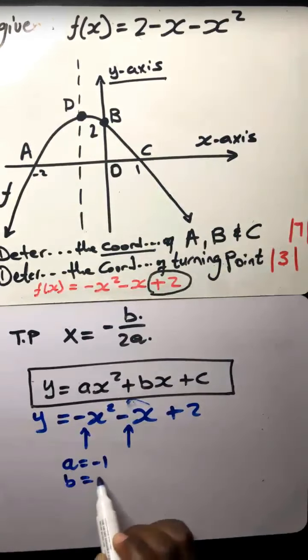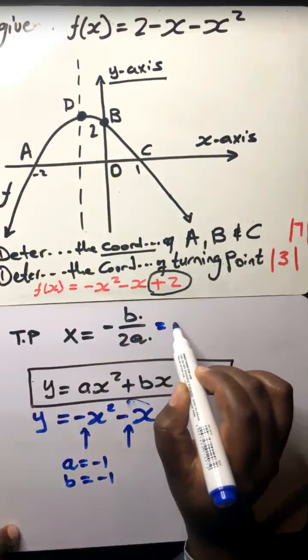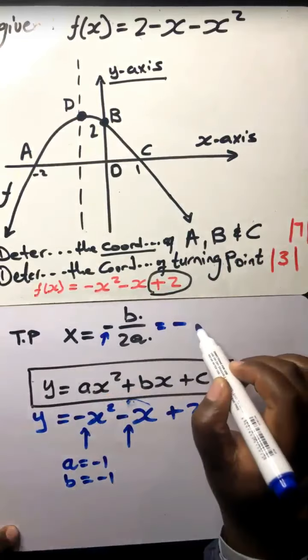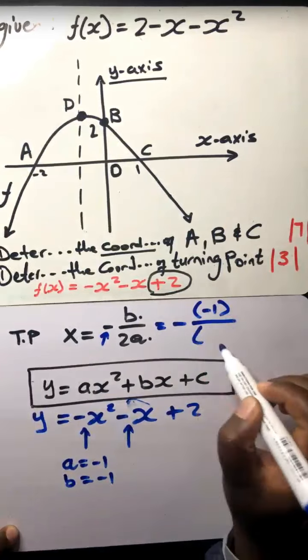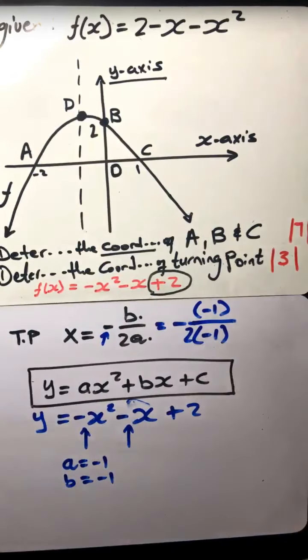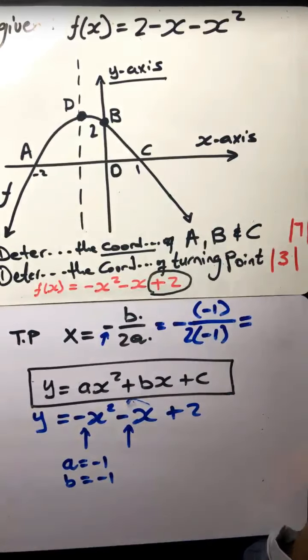Our b value is also equal to -1, which means when we substitute there, it is that negative from the original formula over, in brackets, your b value is -1, your a value is -1, but remember that 2 over there. So when you punch all of that on a calculator, what are you getting? Be careful when you punch on a calculator, guys. I know some of you might get a positive number. So what is that, guys?